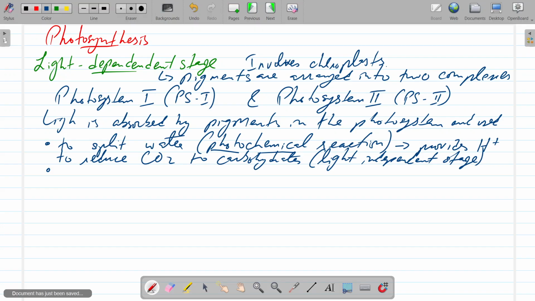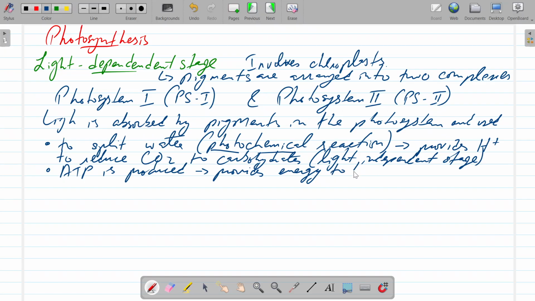Also, ATP is produced, and that provides energy to build the carbohydrates. As we've seen, the photosynthetic process requires energy, so it has a positive enthalpy change.